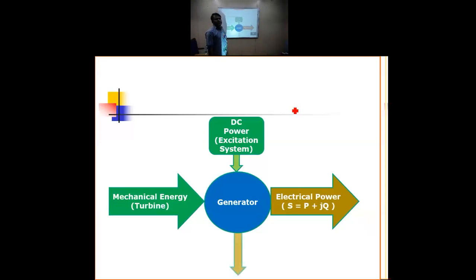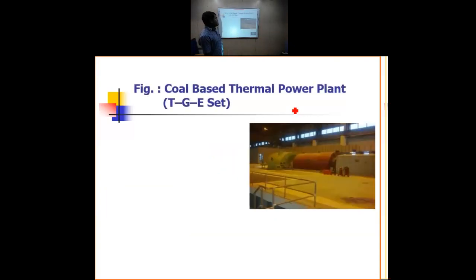And no machine is 100% efficient, so there will be losses. This is the input output diagram for any generator, the theoretical diagram, and the practical diagram you can see here.